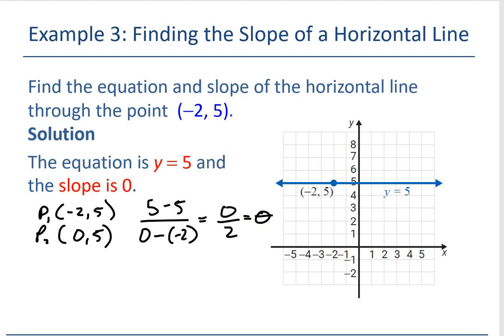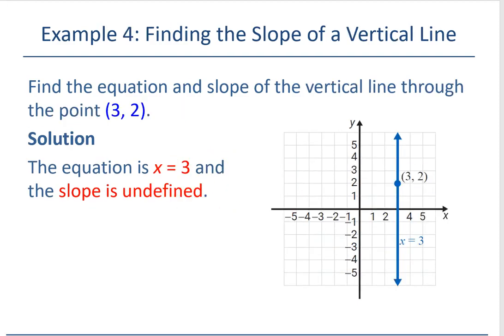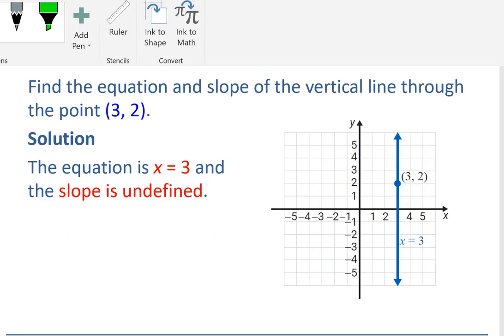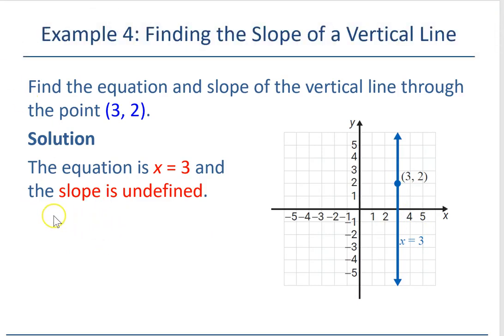Why does it say undefined for vertical lines? Let's look at 2 points here. They give us 2 points again. What do we mean by undefined? If I have a P1 point of 3, 2, let's find another point, P2 of 3, 0.